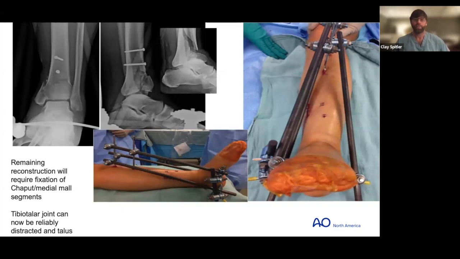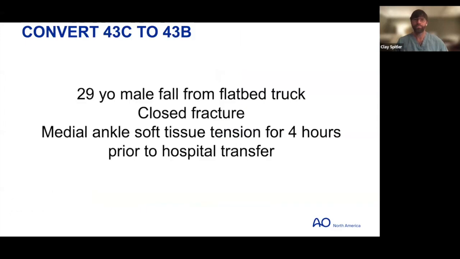If you think about putting an external fixer on this, it's going to be hard to keep the talus under the plafond because it's going to move through that shaft portion of the injury. So now you're able to reduce the talus and distract the joint so that you can be ready for stage 2 when the soft tissue is amenable.